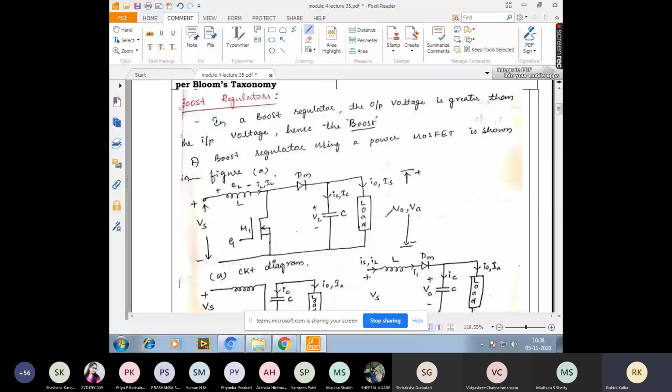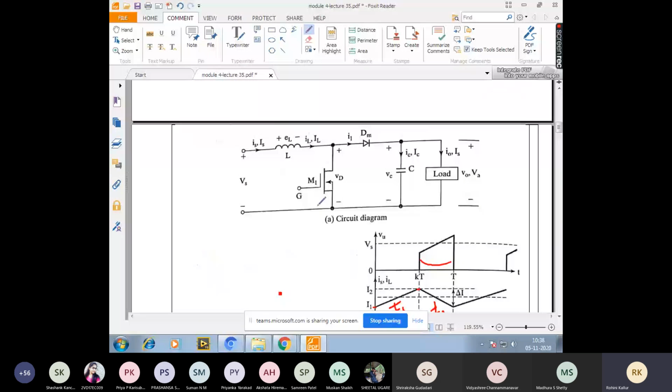As usual, we have two equivalent circuits, mode 1 and mode 2. Mode 1 begins when M1, the switch, is switched on at t equal to 0, with the transistor Q1 on.